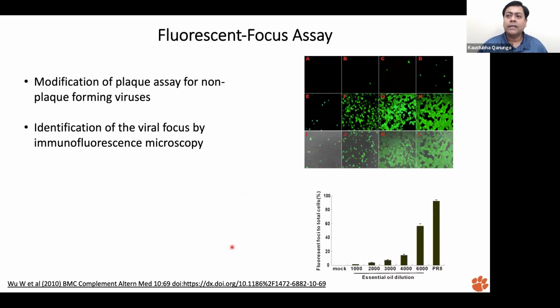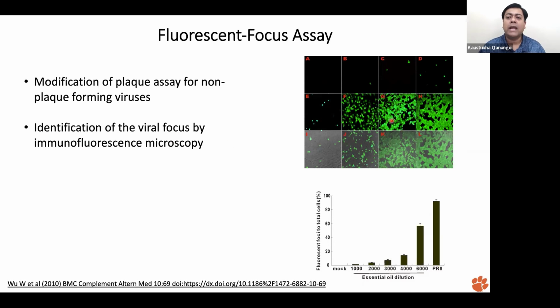Other than that, there are some very quick methods. Plaques are sometimes not formed by some viruses. They just don't form plaques by killing the cells, because they kill the cells much more slowly. So you can do a fluorescent focus assay for that, which is the identification of viral foci by immunofluorescence microscopy.